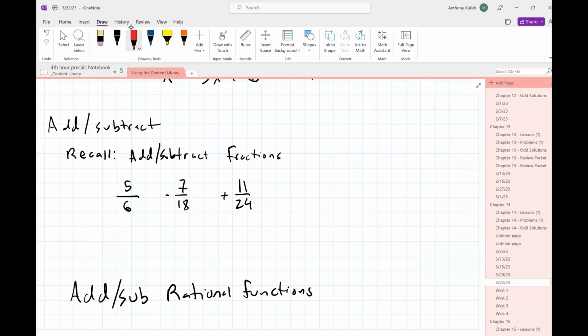In order to add and subtract these things, what do I need? A common denominator. And optimally, I don't want just any old common denominator. To make this as easy as possible, what do I want? The least common denominator. Excellent. Great. How do I find that least common denominator?